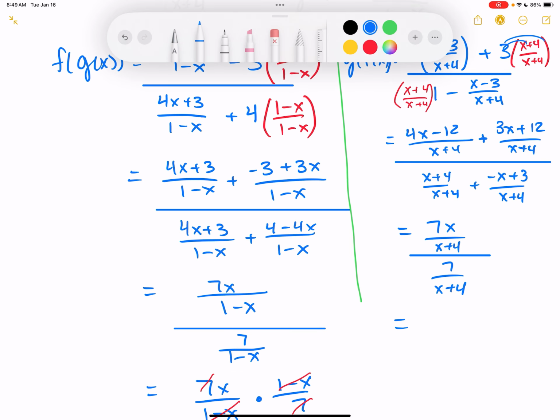So keep, change, flip. So 7x over x plus 4 times x plus 4 over 7. And thankfully, again, everything cancels. Whoops, not the x. Leaving us with x. And so they are inverses.